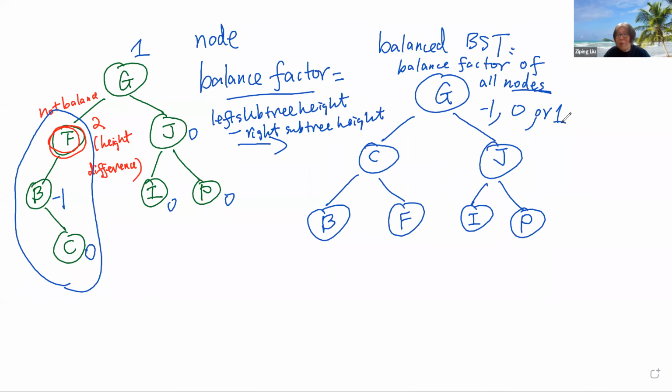It can only be these 3 numbers. Then that binary search tree is considered balanced, and we can also call it an AVL tree. So this is another concept called balance factor.